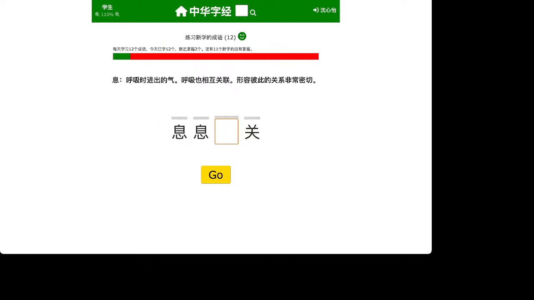填一个空格，息息相关，相关. Which 相 is it? This one. 息息相关.